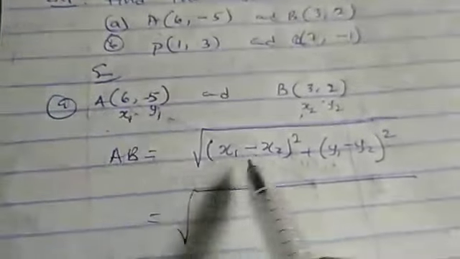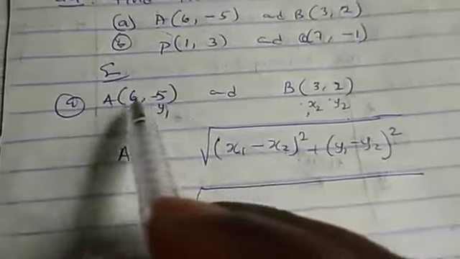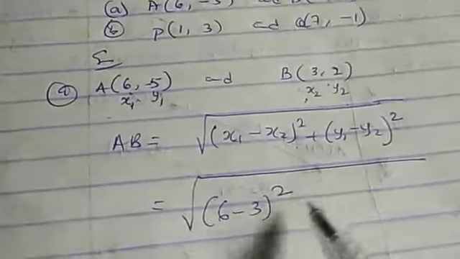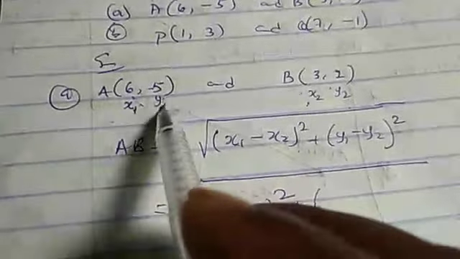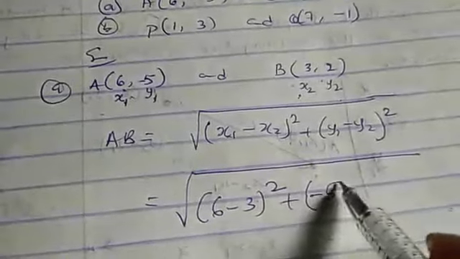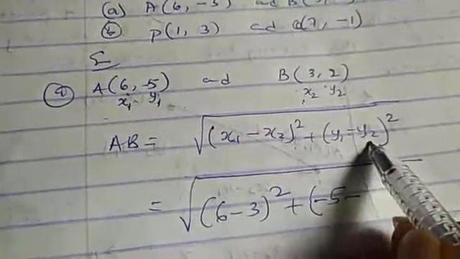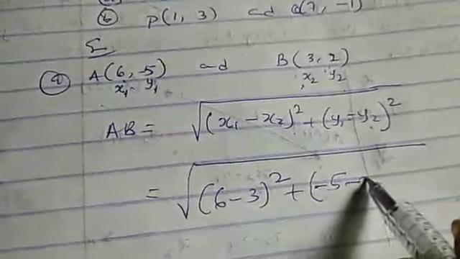So our answer will be, we just substitute what we have, x1 minus x2, 6 minus 3. That is 6 minus 3 squared plus y1, which is minus 5, followed by minus y2. y2 is 2, all squared.